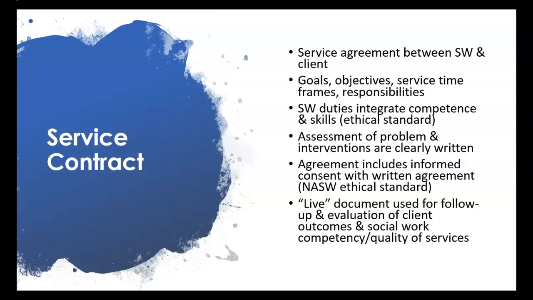As I stated earlier, a good example of that for colleges and schools is your syllabus. Your syllabus is considered a service contract, and it includes everything that you need to be successful. It is a plan written out to say that when students complete this course, this is what they will achieve. These are the outcomes, the objectives for the course, the goals. The assignments are the specific tasks that need to be completed.